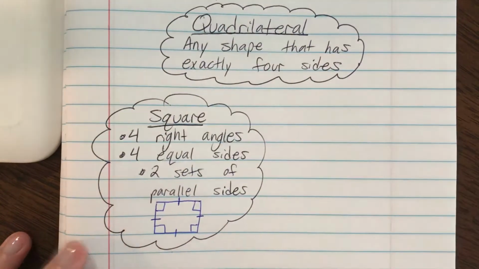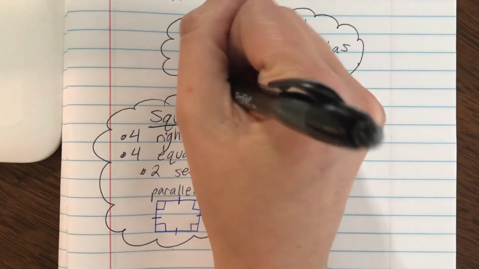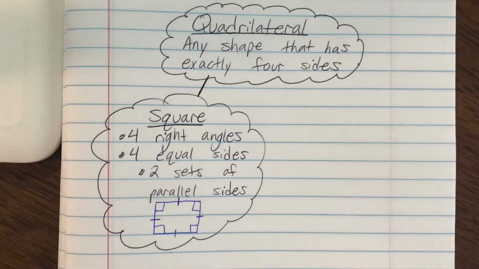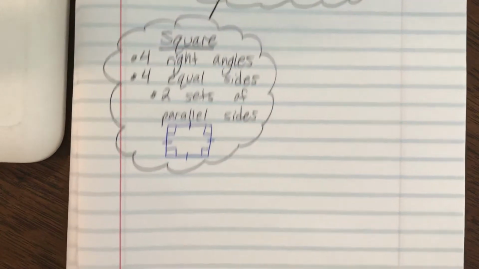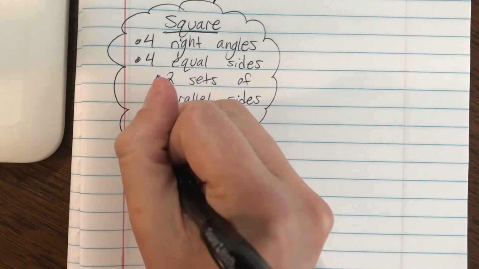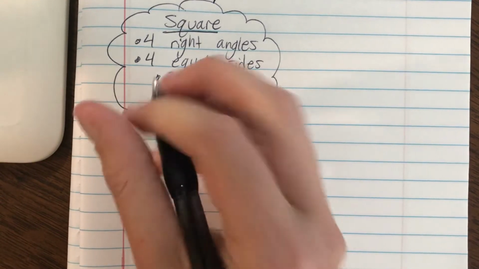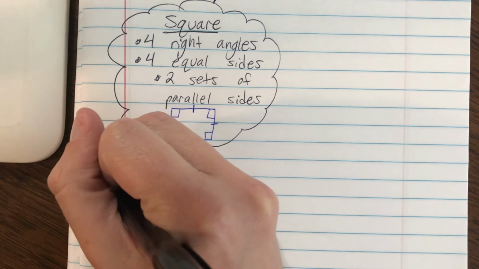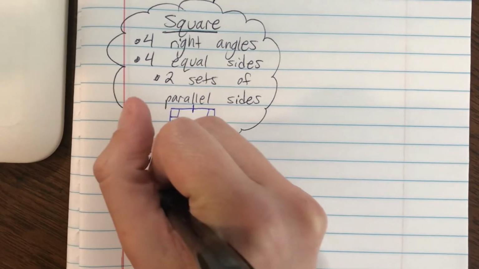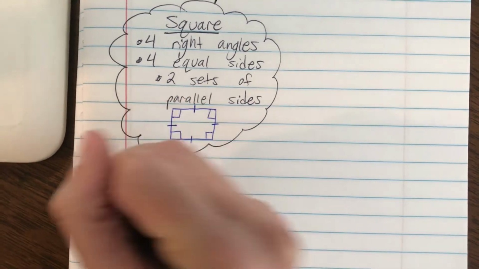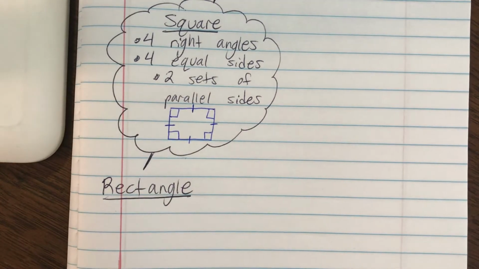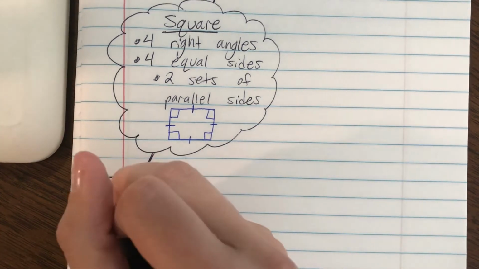Now a square can then turn into 2 different things. The first thing that a square can then transition into is what we are going to call a rectangle. And I know that we know a lot about rectangles. Rectangles are a very nice transition from a square because they follow a lot of the same rules.